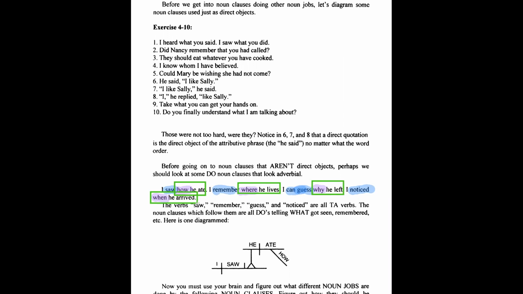And so she says, the verbs saw, remember, guess, and noticed are all transitive active verbs. The noun clauses which follow them are all direct objects telling what got seen, remembered, etc. Here is one diagrammed, okay? So we see, I saw, let's go down a little bit.